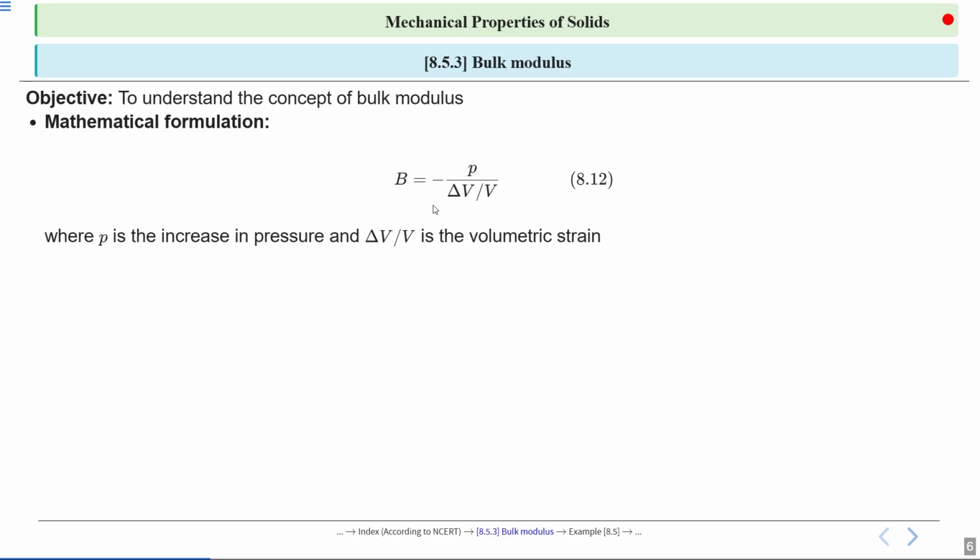Alright, so the term delta V divided by V is the volumetric strain. Yes or no? And P is the increase in pressure. So remember, pressure is measured in pascals and strain is a ratio, so it has no units. It's a unitless quantity.